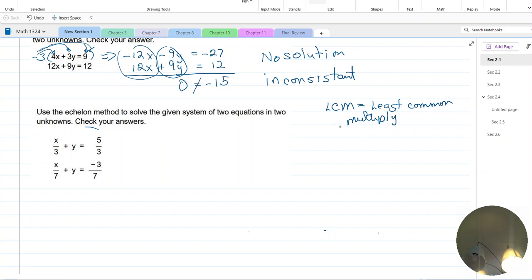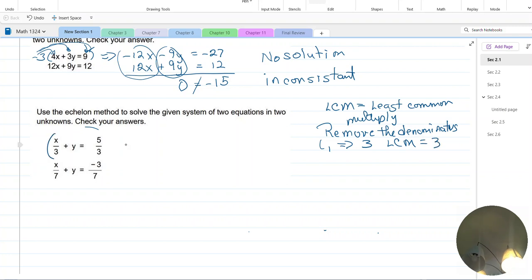Well, our first step is to remove the denominators. To remove them, we're going to multiply by the LCM. Well, the first line, the denominator is 3. So our LCM is 3.